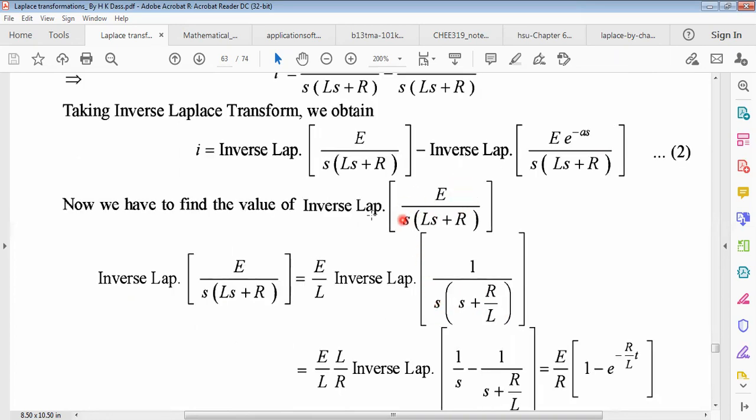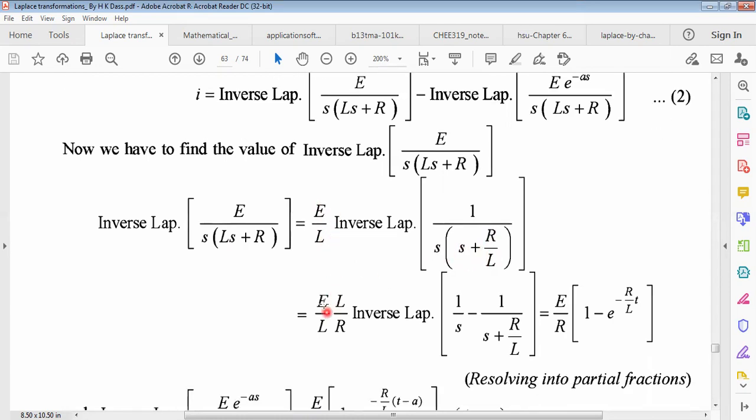So this can be written as E divided by s into Ls plus R equal to E divided by L. L is common. Taking L common here, we get s plus R by L. Okay, s plus R by L. So taking E by L common. Now E by L into L by R inverse Laplace transformation.